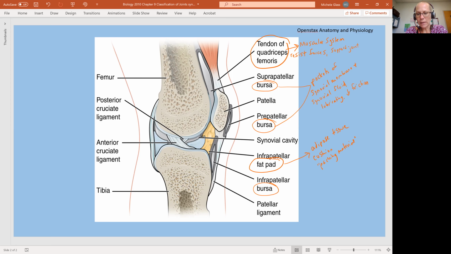We named ligament as we were going through those different bursae. Here we have a ligament that's on the outside of the joint capsule, and we'll call those extrinsic ligaments. This can help stabilize this connection.